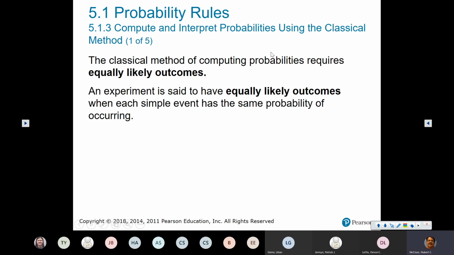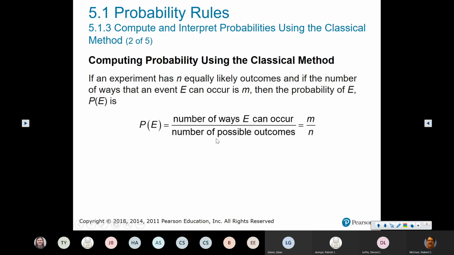Classical method is when you're using the mathematics. What is the probability of a card out of a deck of cards? What is the probability of rolling a 6 on a die? What is the probability of heads on a fair coin? Again, number of ways something can occur over the number of possible outcomes.